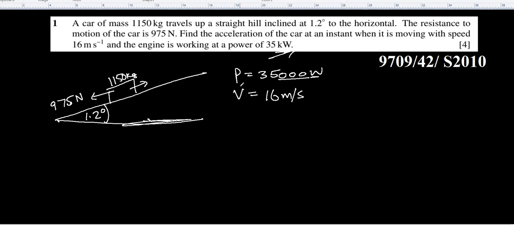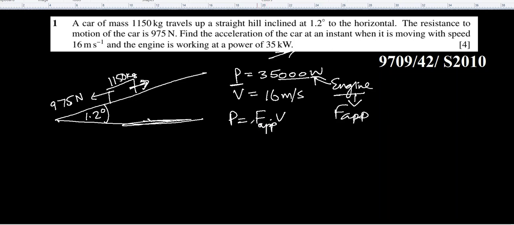So what will we do? We'll first find the applied force by the car's engine forward. Please remember that the power always belongs to the engine, nowhere else, because the engine is the one that is pulling this car, and that's why this will translate into applied force. We know that power is force times speed, and this force will be the applied force.